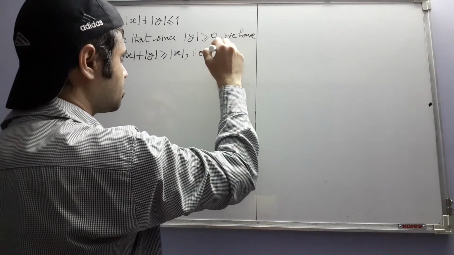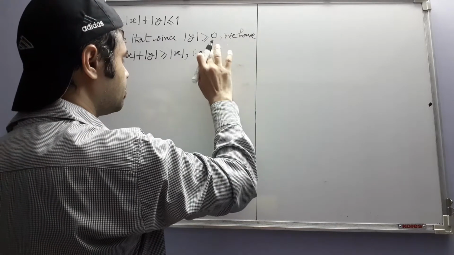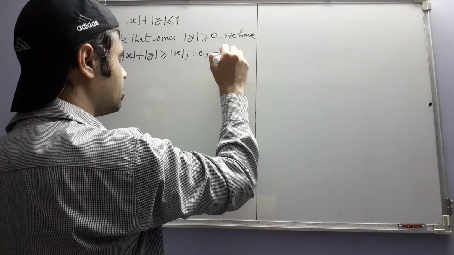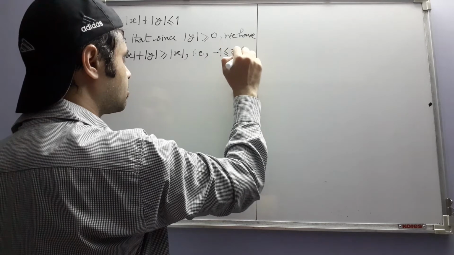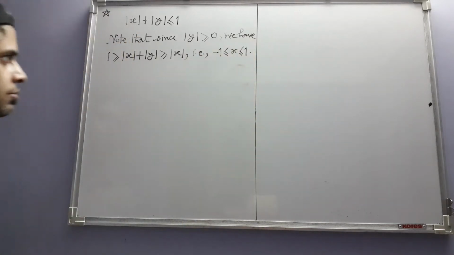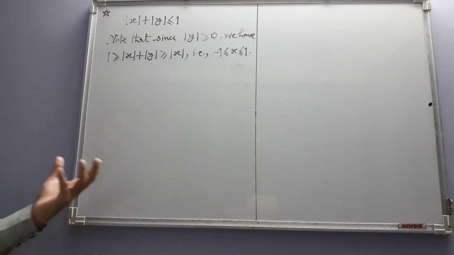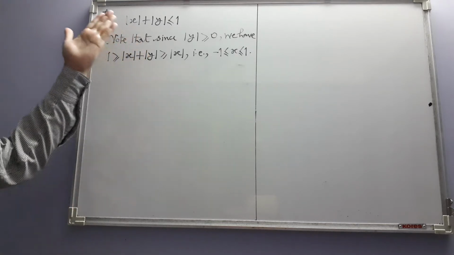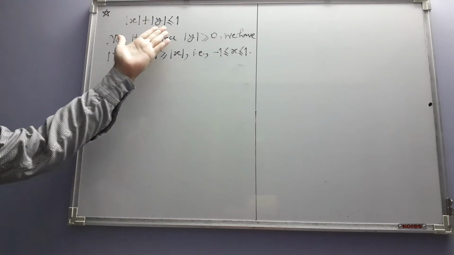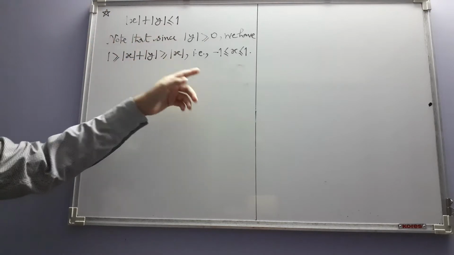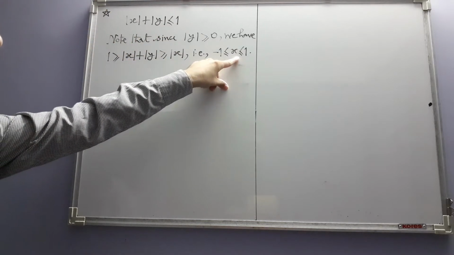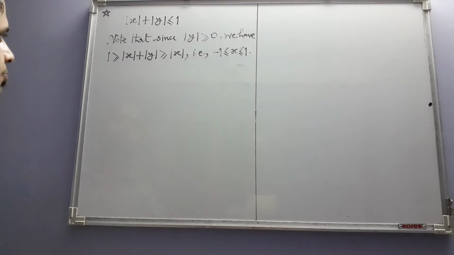That is, x must lie between -1 and 1. So any pair of real numbers x and y satisfying this inequality, if we have them, then for them x must satisfy these inequalities.